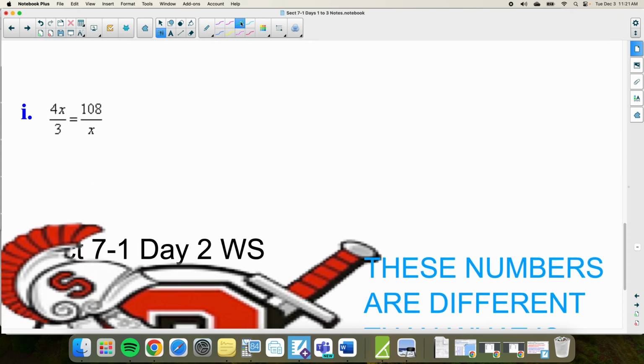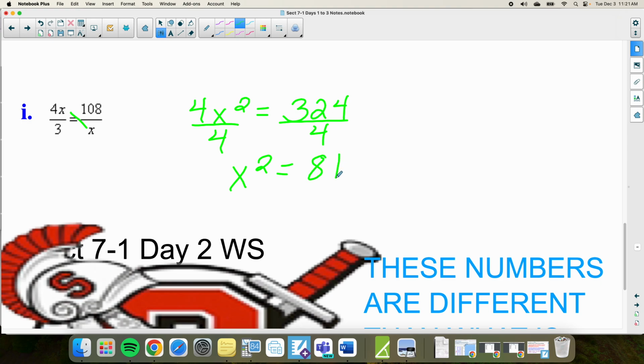Okay, so here we would cross multiply. What's 4x times x? Yep, 4x squared. And then if you do 108 times 3, that's going to be 324. Then we divide by 4, and we get x squared equals 81. Do you know what to do when you have x squared? Square root.